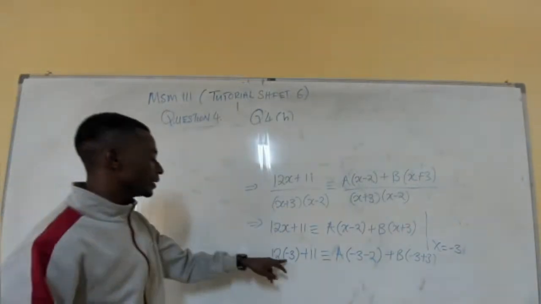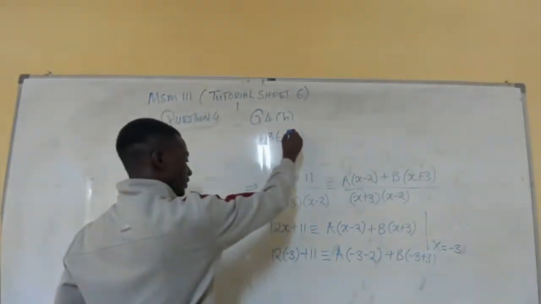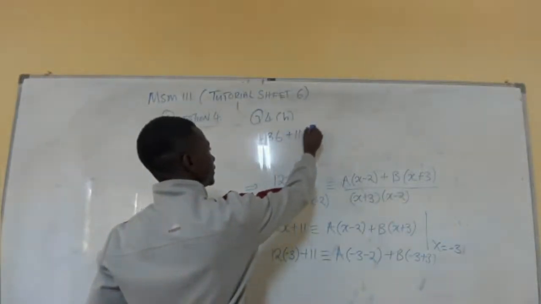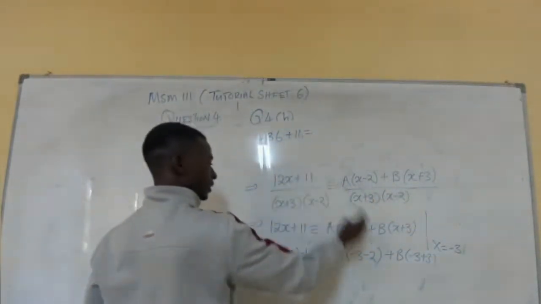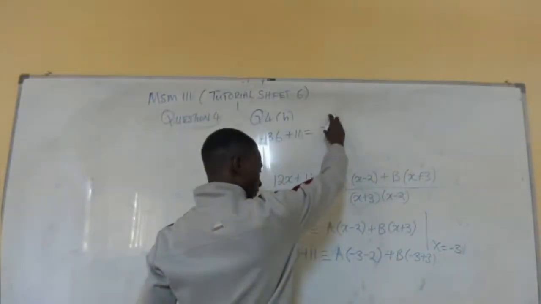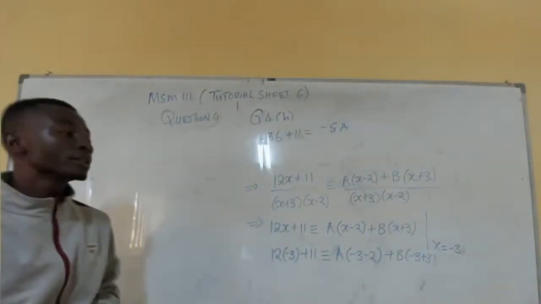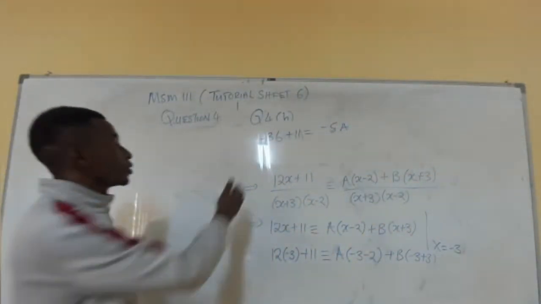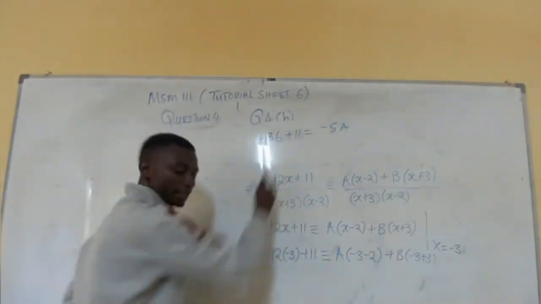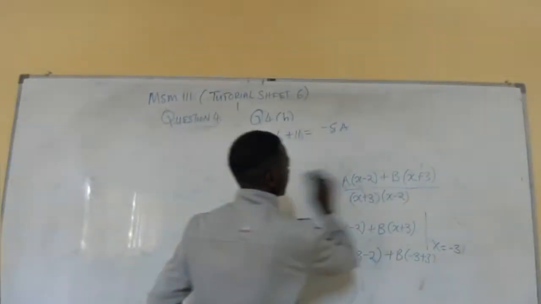So 12 by negative 3, that's negative 36. Negative 36 plus 11 equals negative 5a. What is negative 36 plus 11? Negative 36 plus 11 is negative 25.